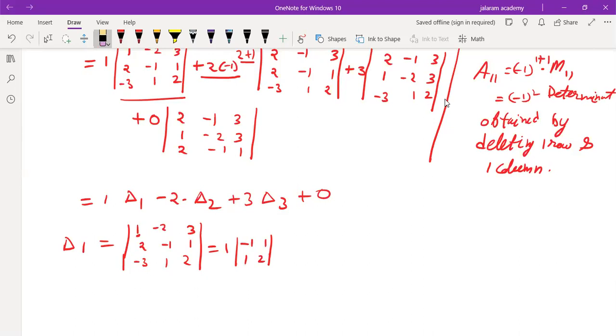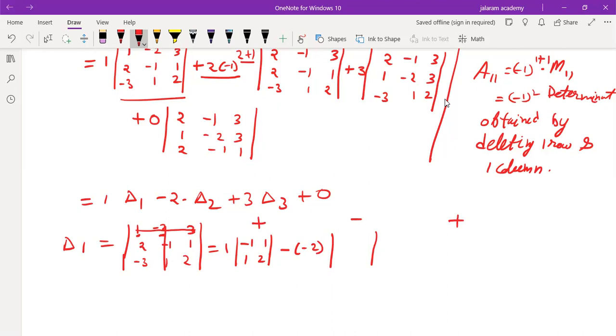And then the second element is minus 2. So first it will be minus 1 to the power 1 plus 2, so minus of minus 2. You can learn it as first in first row plus, minus, plus will be there alternately. So minus 2 into determinant obtained by deleting first row and second column.